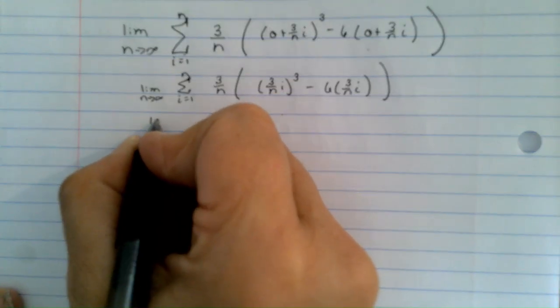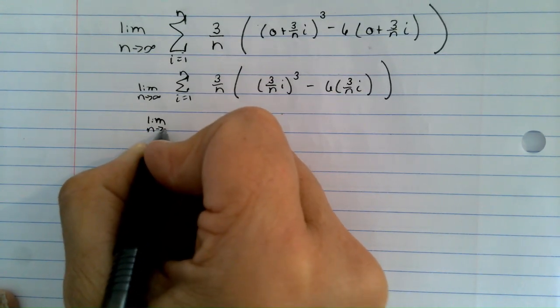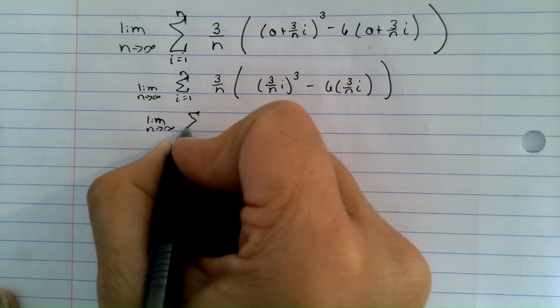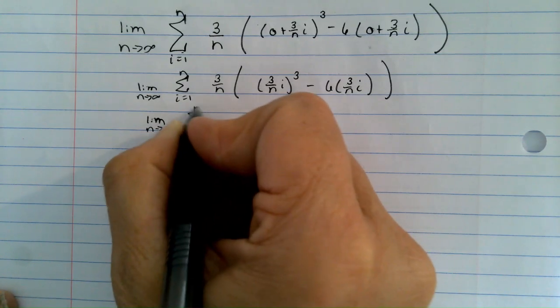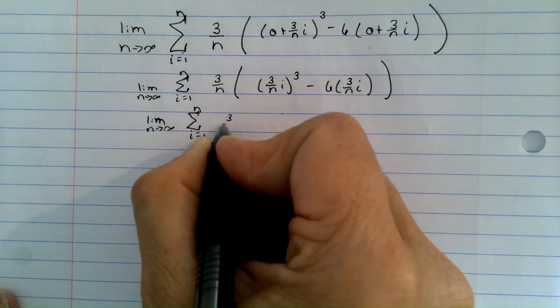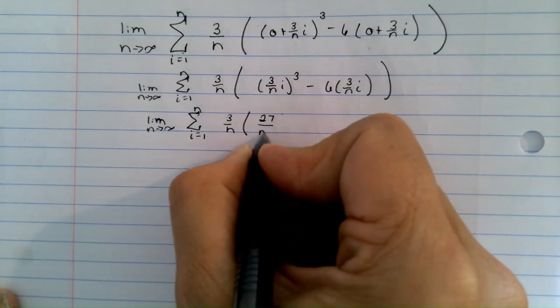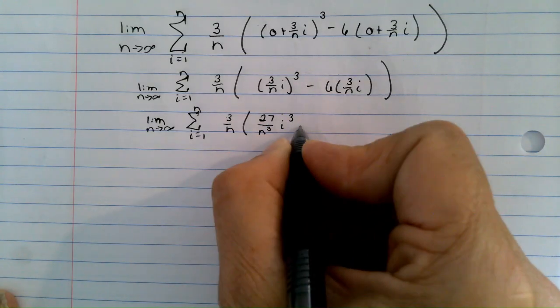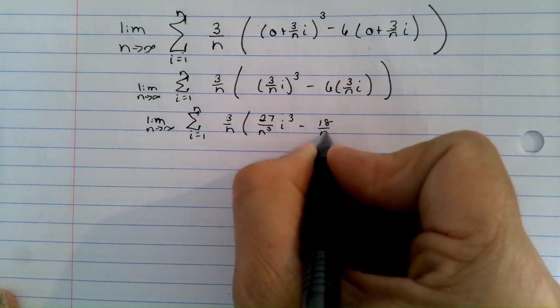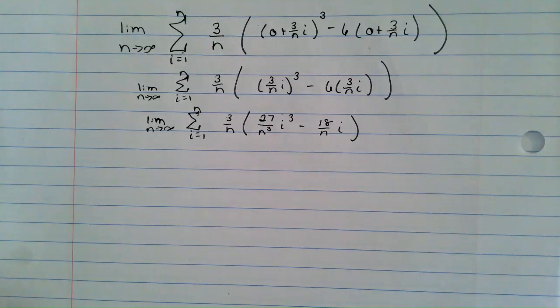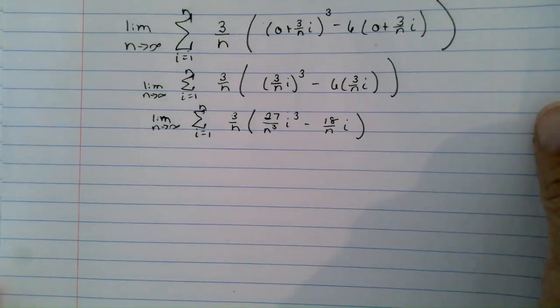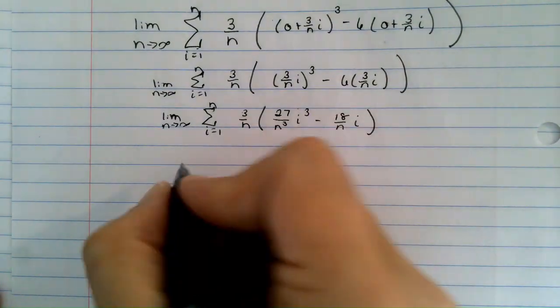So the limit as n approaches infinity of the sum from i equals 1 to n, 3 over n multiplied by 27 over n cubed i cubed minus 18 over n i. So we have an i cubed rule and an i rule. Okay.